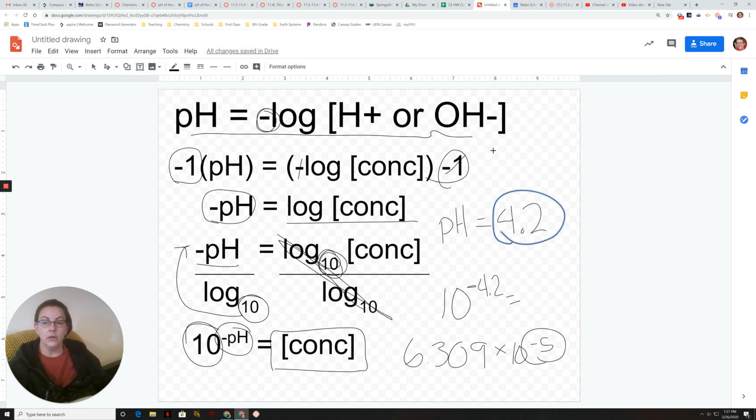If your concentration is exactly 1.0 times 10 to an exponent, let's say -7, then the pH of that concentration is the absolute value of the exponent, but only if the coefficient for the concentration equals exactly 1.